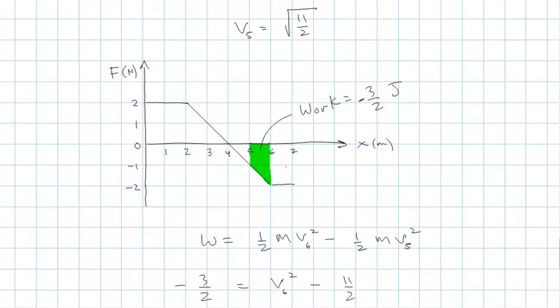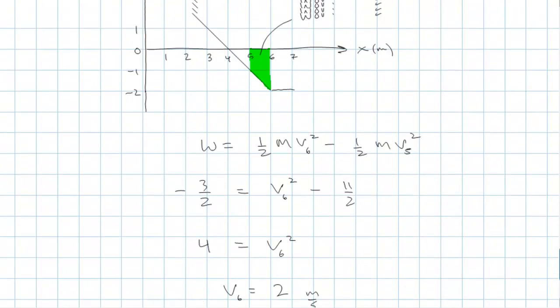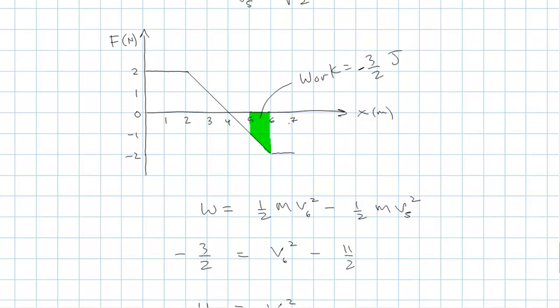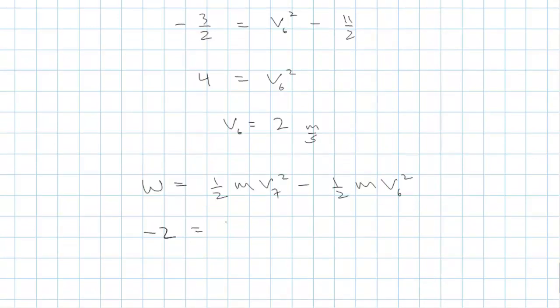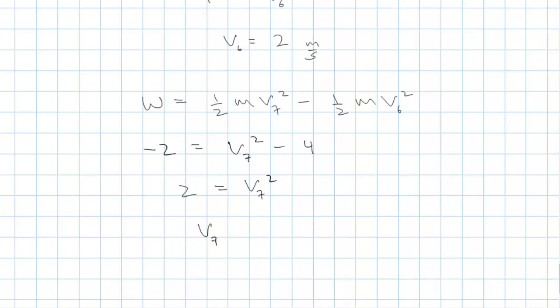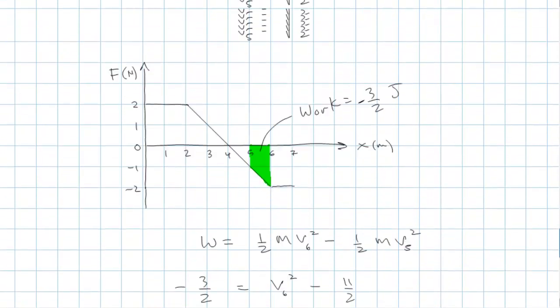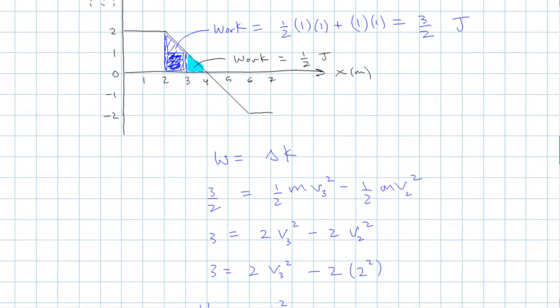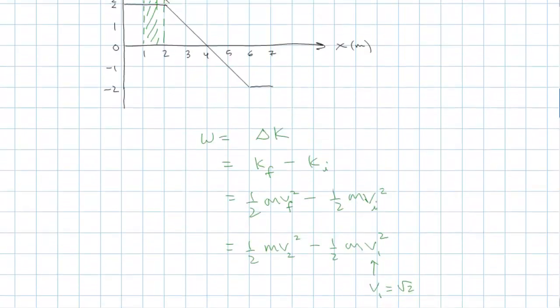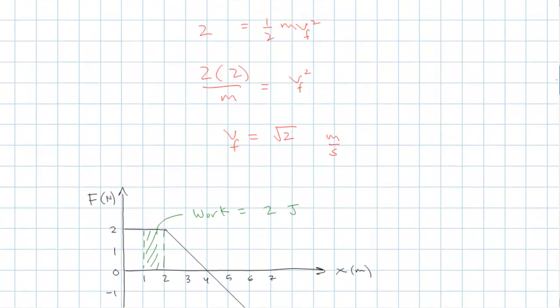And the work done in that area between 6 and 7 is negative 2. M is 2. And I think that's what we had for V1.